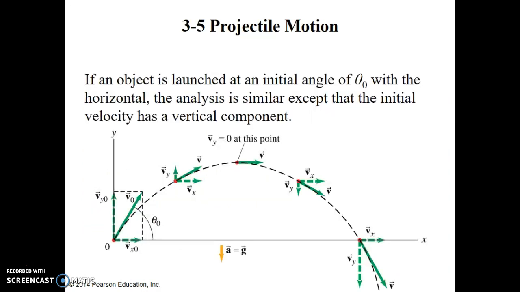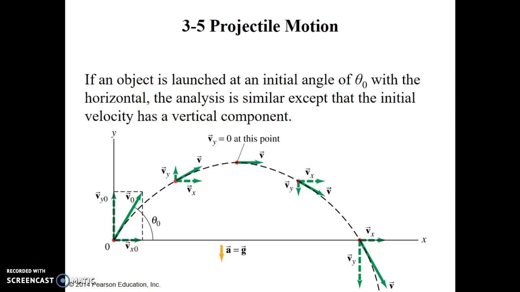Okay, so now we're ready to look at simple projectile motion problems. If you have an object launched at some initial angle of theta, then the horizontal component will just be, in this case, the cosine of theta times your initial velocity v naught, and your y component will be v naught times sine theta.